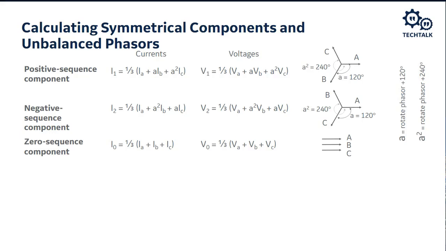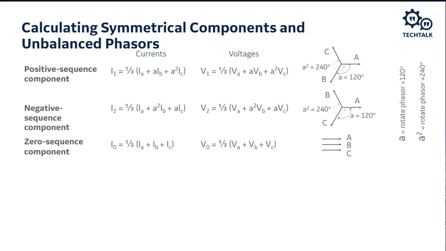So what we're doing on the positive sequence current, for example, is we're going to take A phase and sum that with B phase that is shifted by 120 degrees in a counterclockwise rotation. If it's a balanced system, it will be in phase with A phase.